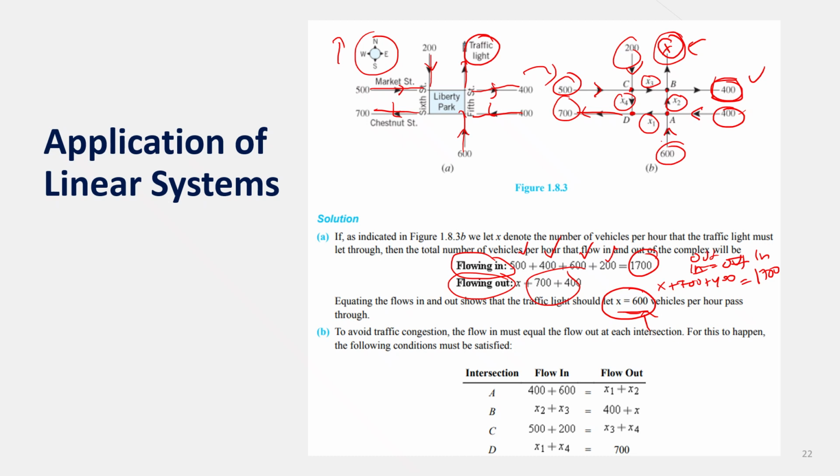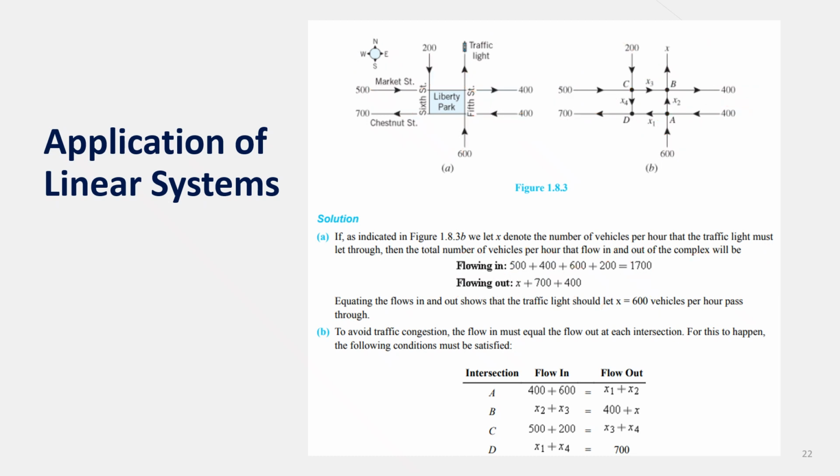Now if we discuss how to manage the congestion inside the park borders, you need to find the values of x1, x2, x3, x4. The number flowing in and out at node A, we can derive one by one by its nodes.